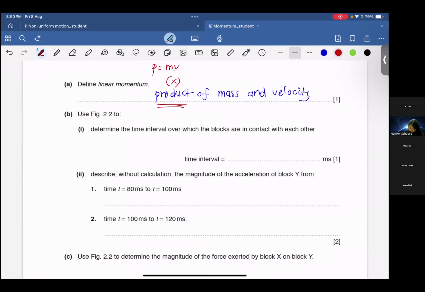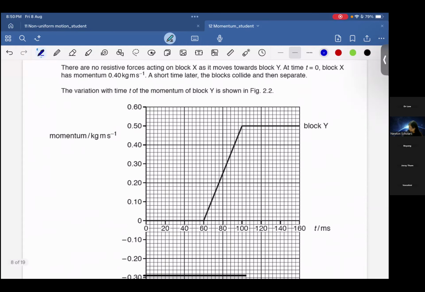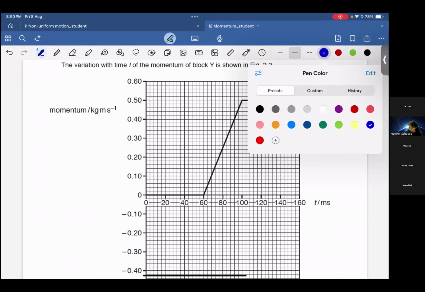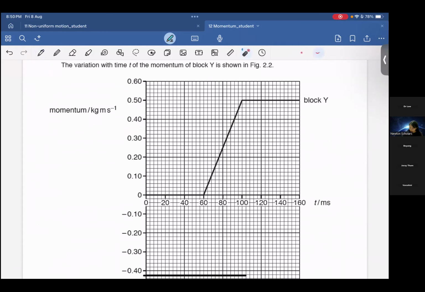Okay, determine the time interval when the blocks are in contact with each other. So how long is the time they contact each other? Just now I already explained to you. Look at the unit, dear. Look at the unit carefully. Okay, so here, this one is before collision, then in contact.